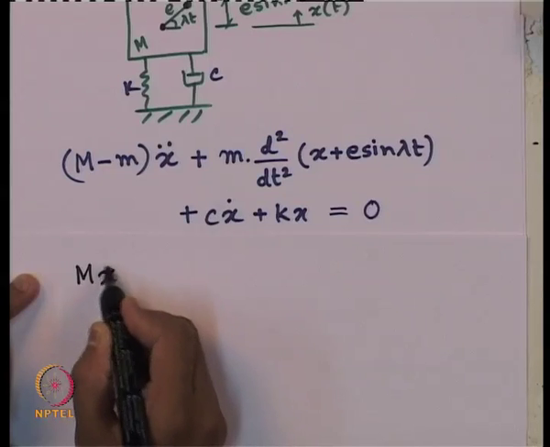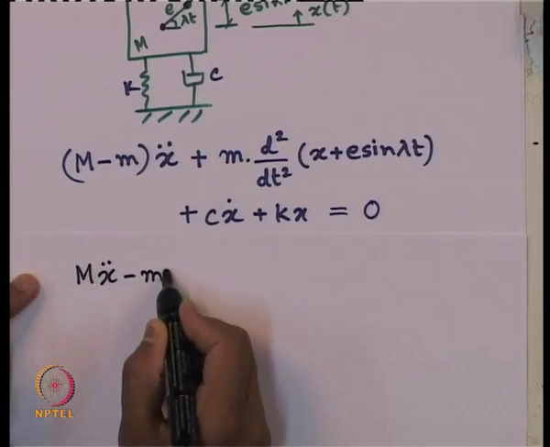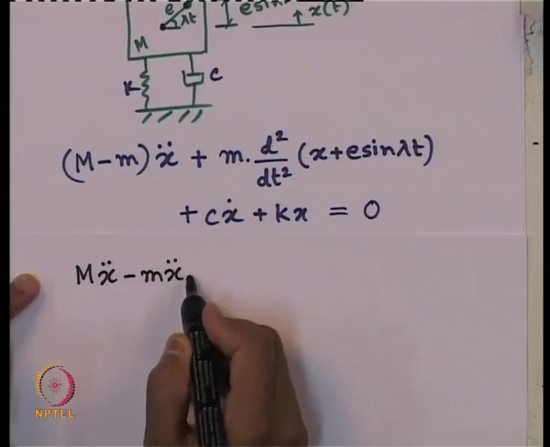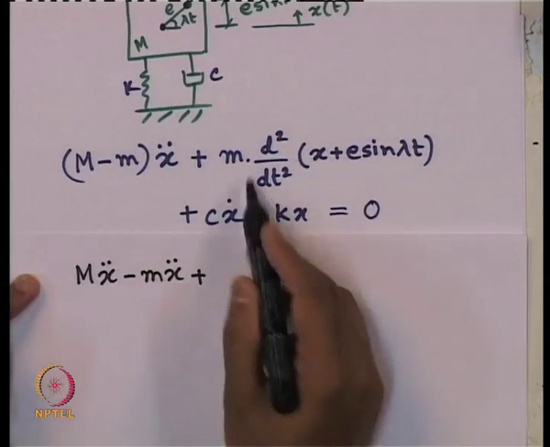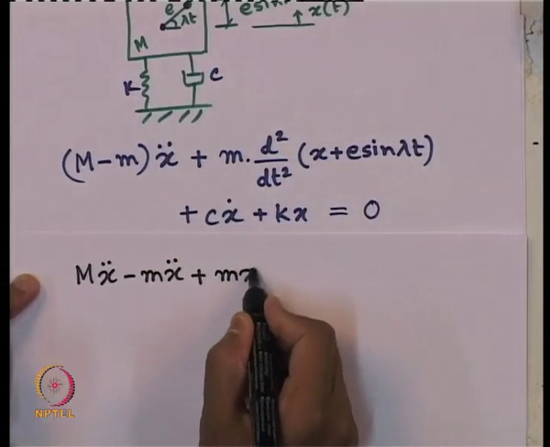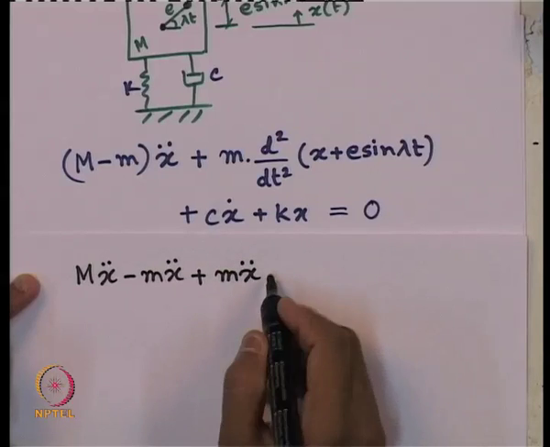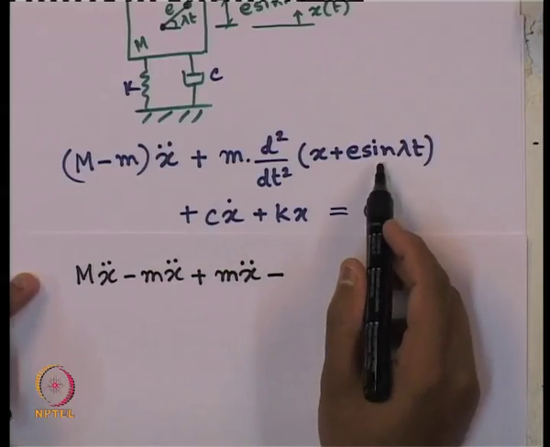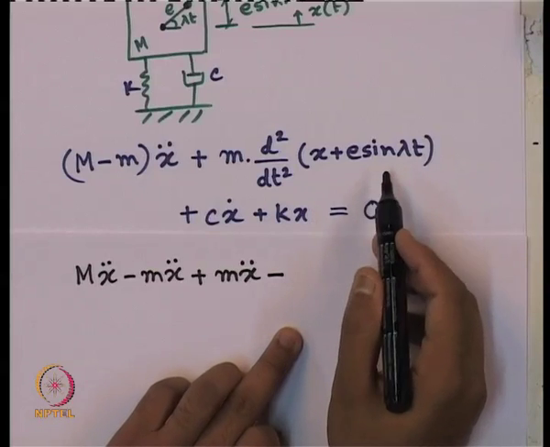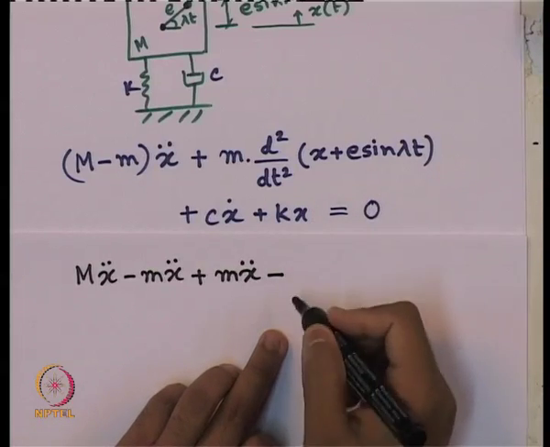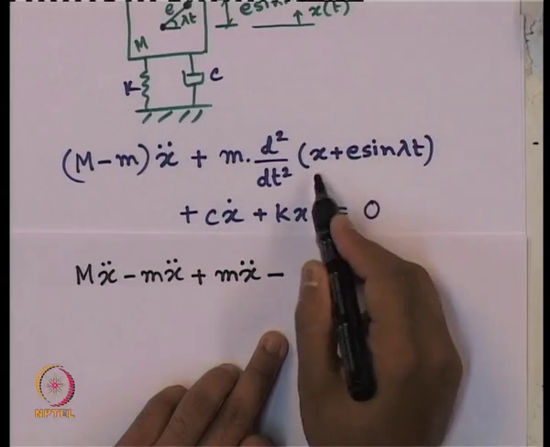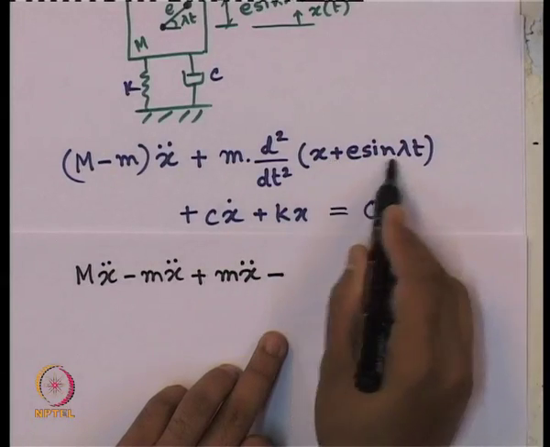Capital M x double dot minus small m x double dot plus... from this I am getting small m x double dot minus, I have to differentiate this twice with respect to t. So, I am getting sin to cos, cos to sin with minus sign.